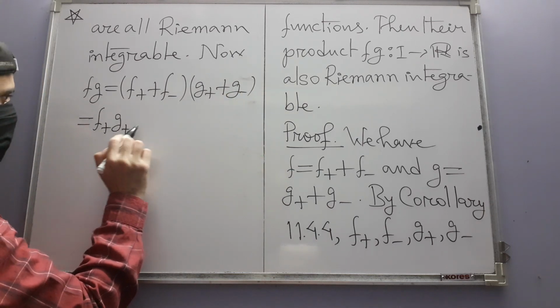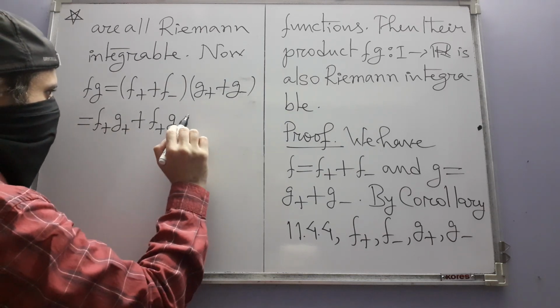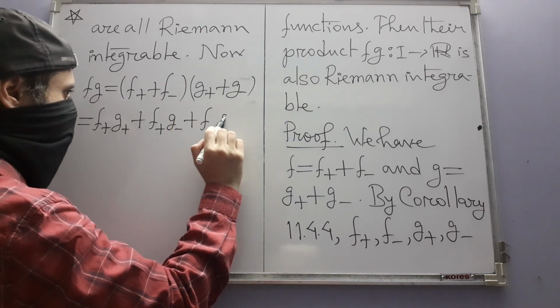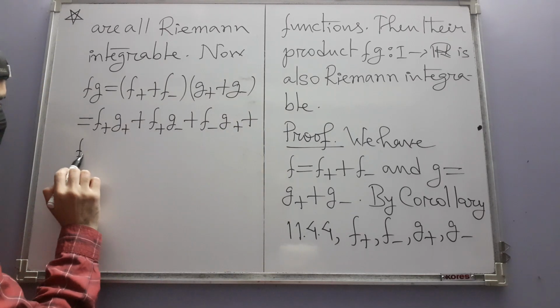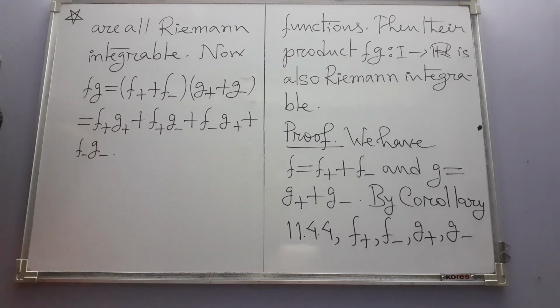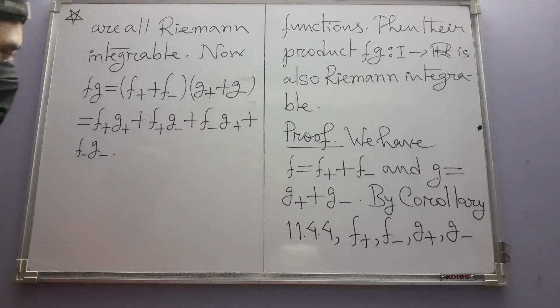So f plus g plus, minus f plus g minus, minus f minus g plus, plus f minus g minus. So we see that our function fg is the sum of four other functions.